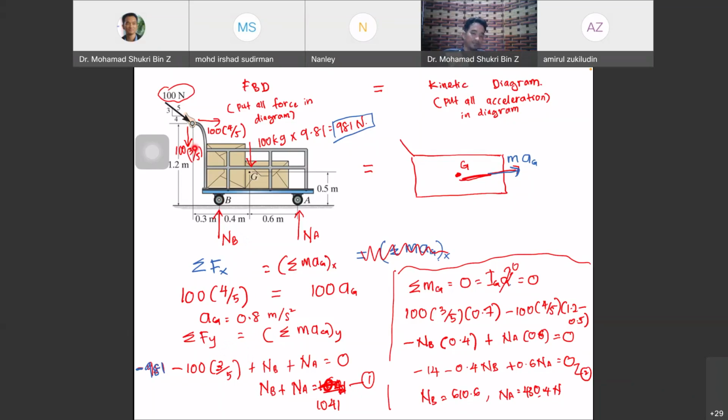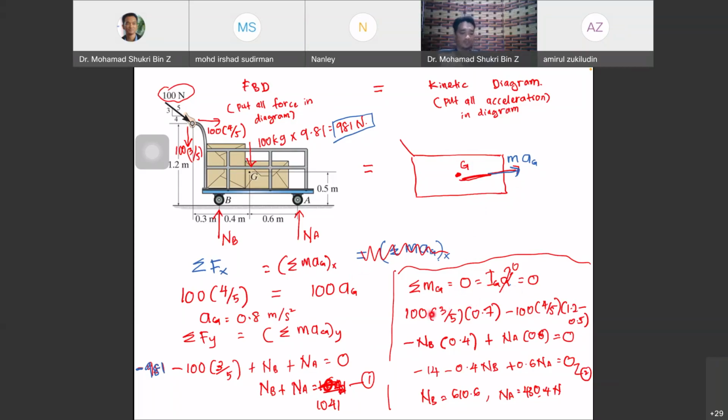Alright. A plus A and AB juga normal at A is equals to 0. Sebab apa 0? Sebab tak ada acceleration pada arah. Right. Dan juga summation of moment pada point G is equals to 0. Okay. So IG alpha itu so equal to 0 lah. Alright.